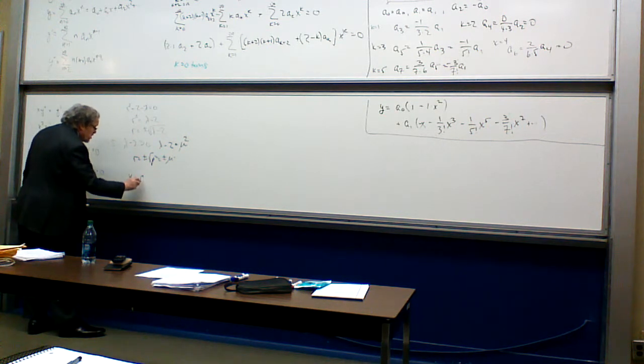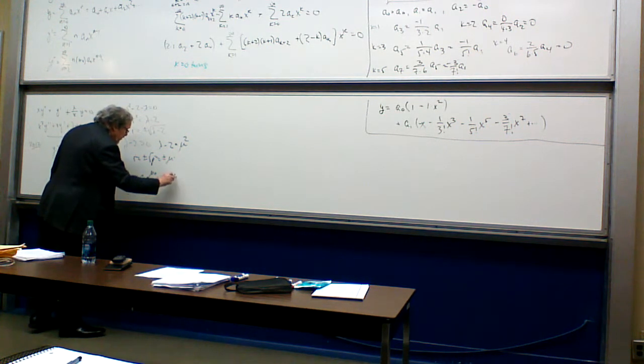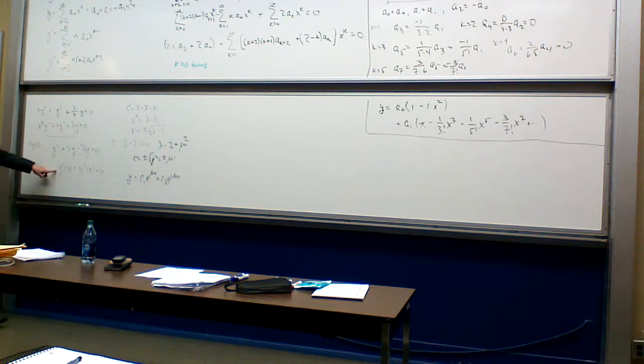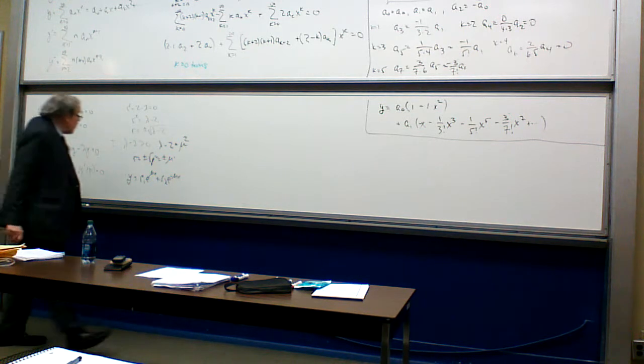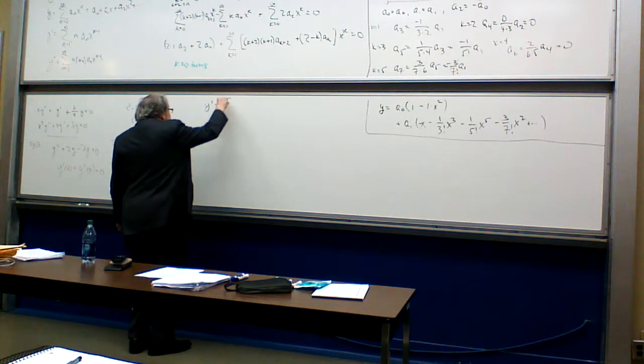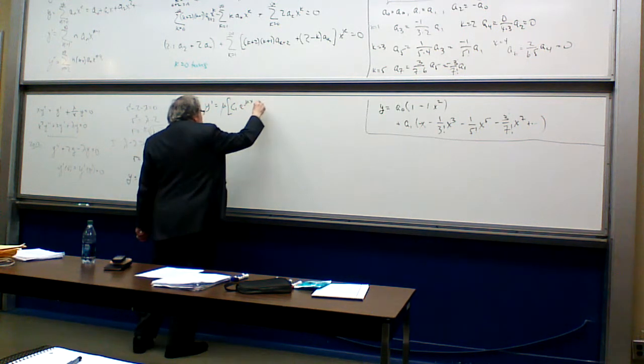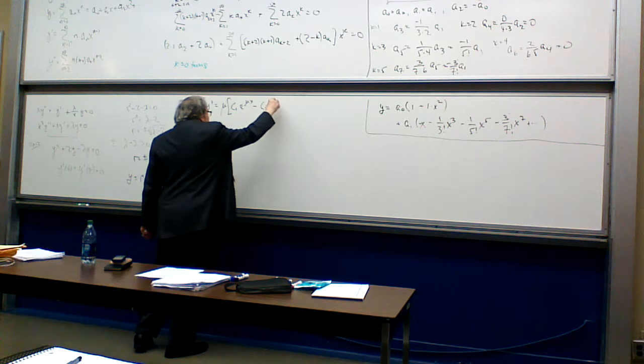The solution is C1 e to the mu x plus C2 e to the negative mu x. The boundary conditions are given in terms of the derivative, so I'll calculate the derivative right away. Mu times C1 e to the mu x minus C2 e to the negative mu x.